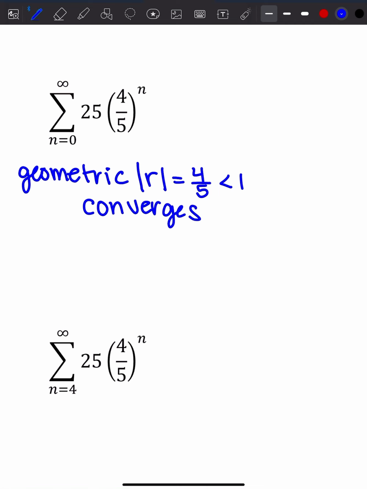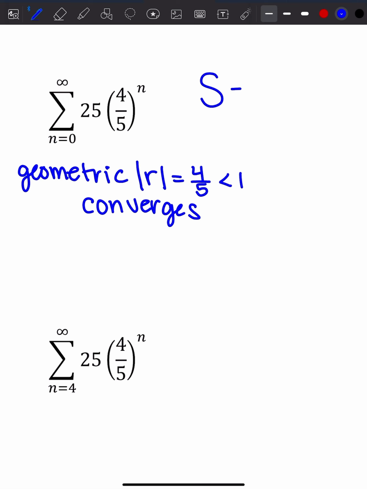So now we find our sum. Our sum in this case is our first term divided by 1 minus r, that 1 minus 4 fifths. This time, our first term is when we plug in 0. So 25 times 4 fifths to the 0 power.